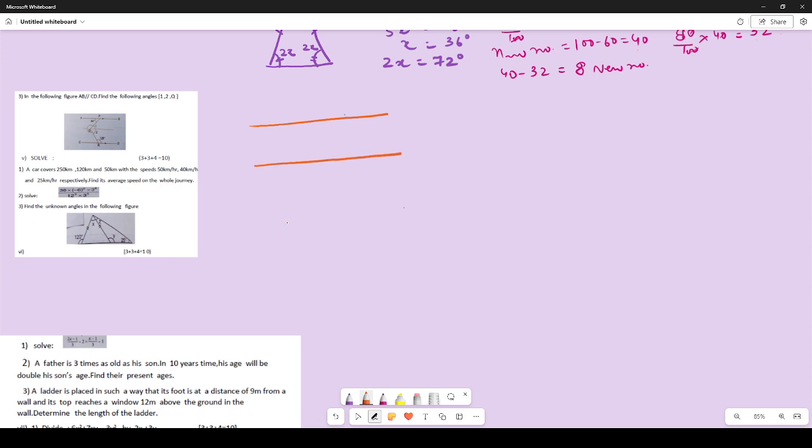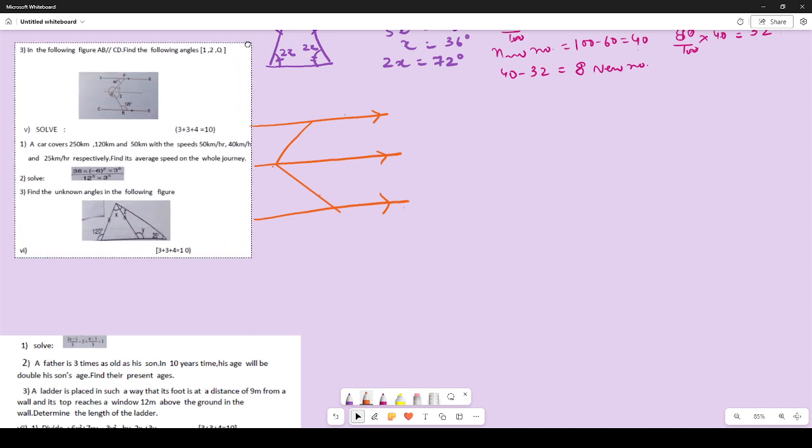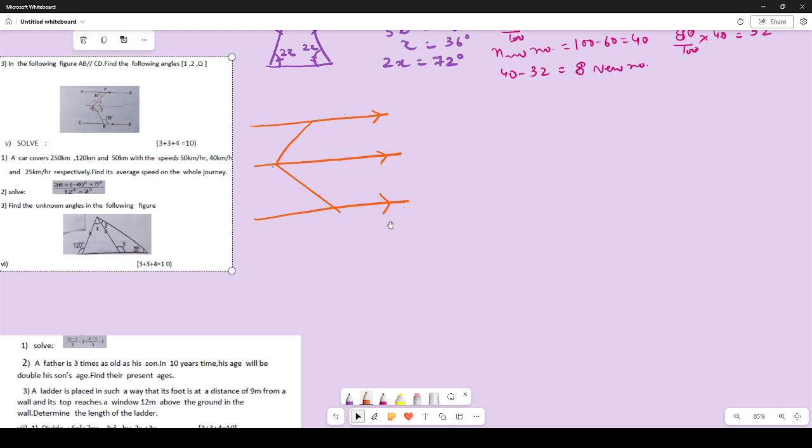There were 3 parallel lines, right? 3 parallel lines like this, and then there was one transversal like this and another one like this, right? So this angle was given as 44 degrees and this angle was given as 125 degrees.